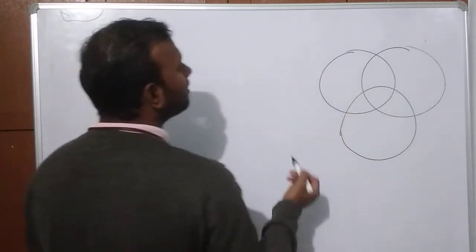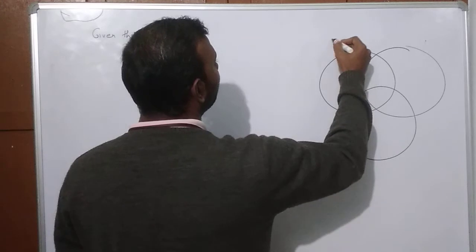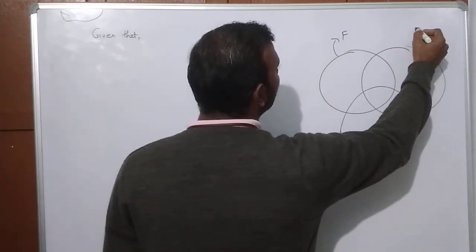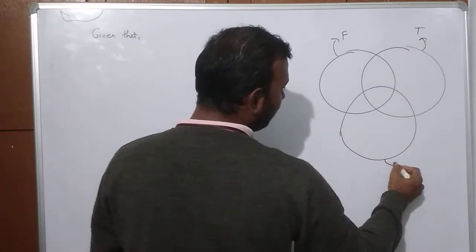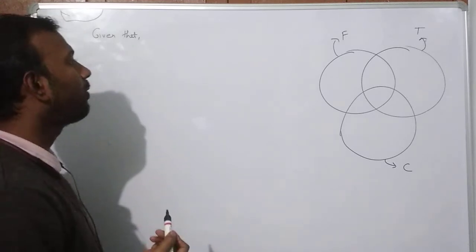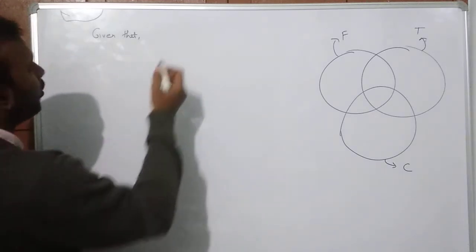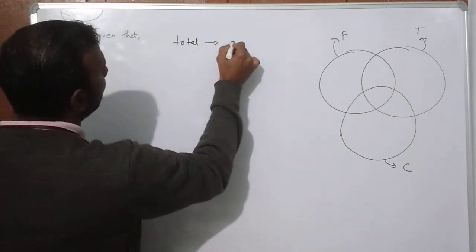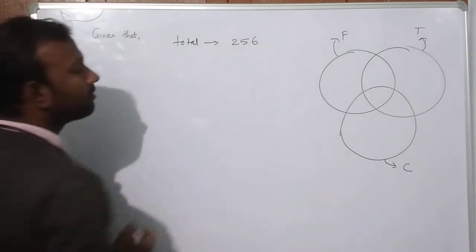So we have 3 circles. Let's say this circle represents the players of football, this circle represents tennis, and this one cricket. Now, what is given? Total 256 members.